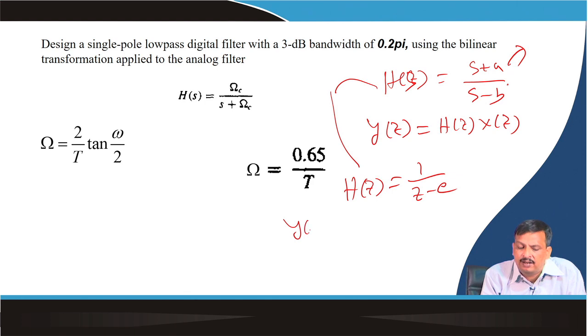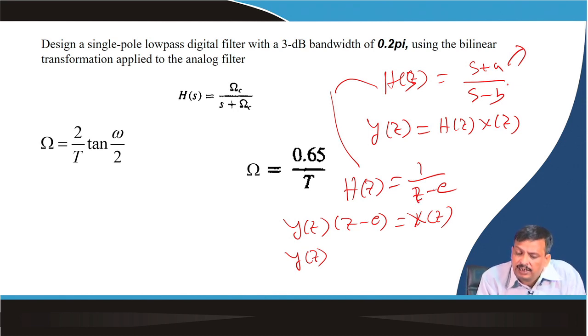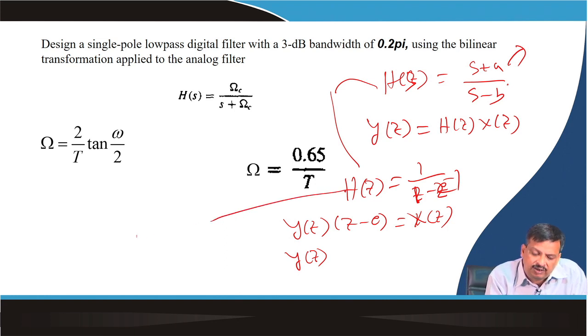So, Y(z) multiplied by (z minus c) is equal to X(z). This has to be put in the form of 1 minus z inverse, so take z common: H(z) is equal to 1 by (1 minus c z inverse) and z to the power minus 1. So, I multiply both sides by z to the power minus 1.